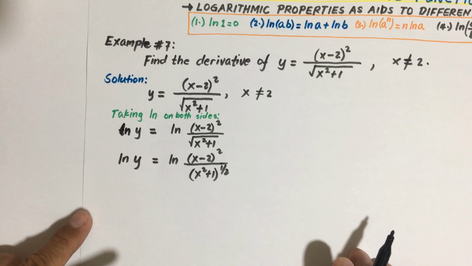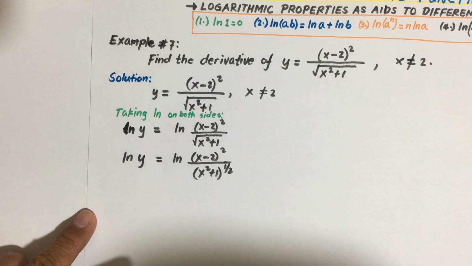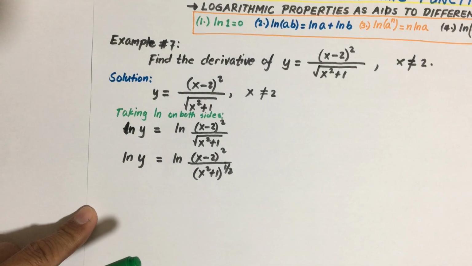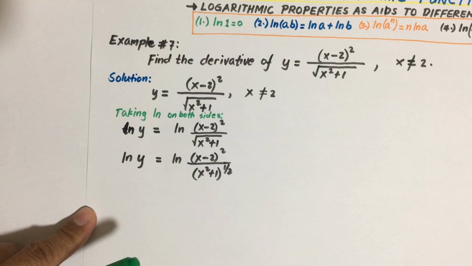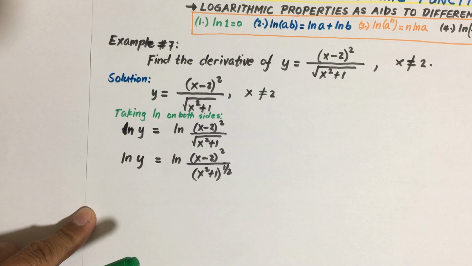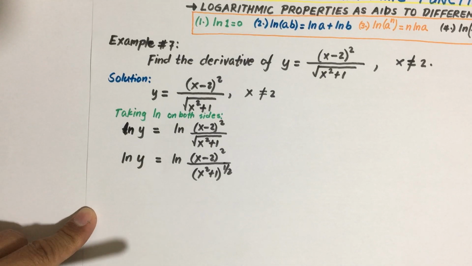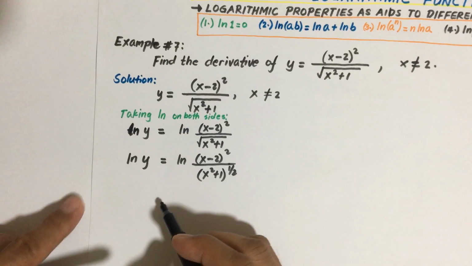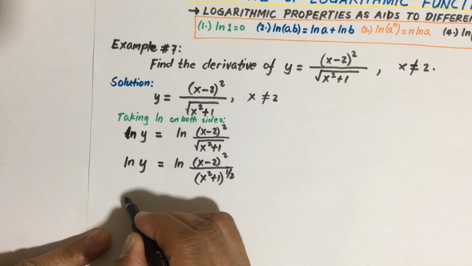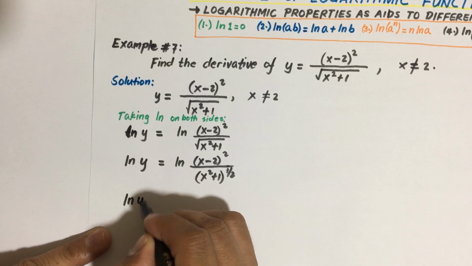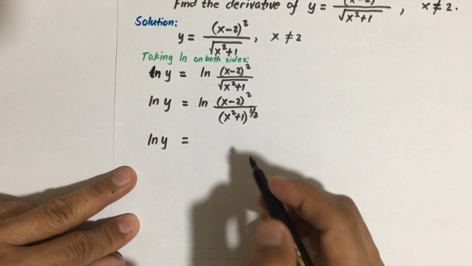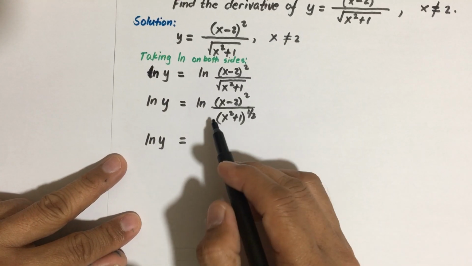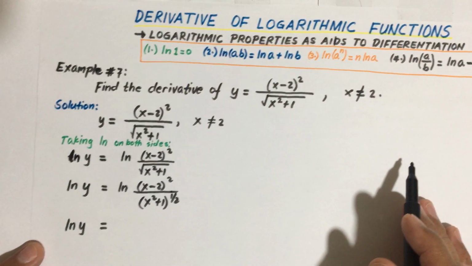Alright, then before we differentiate, let us apply the properties first. So ln y equal to, this is in the form of property number 4, right?